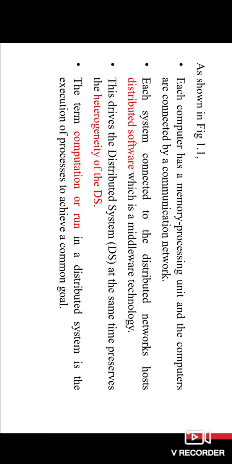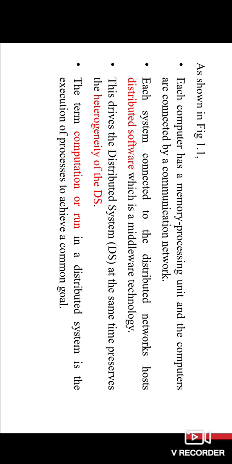How these computers are connected into a distributed system is with the help of a middleware, which is called distributed software. By using this distributed software, we connect the computers into a distributed system, and at the same time, it preserves the heterogeneity of the distributed system.